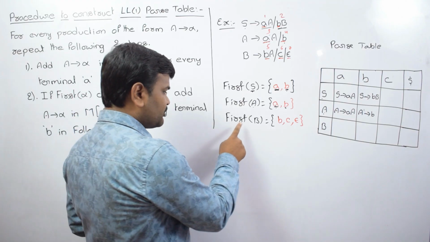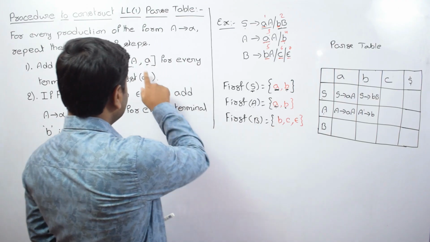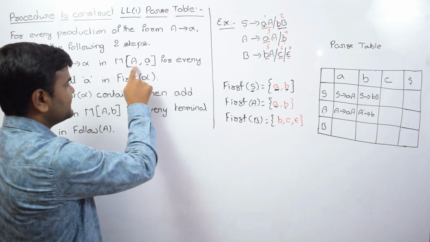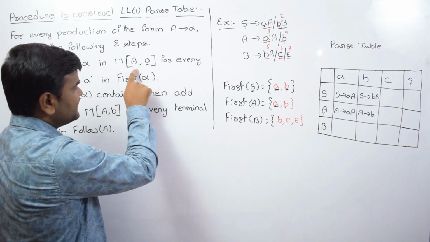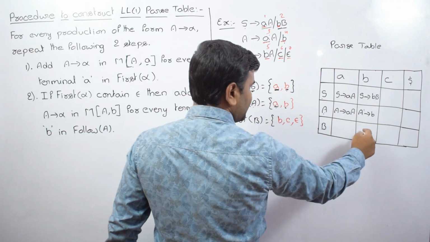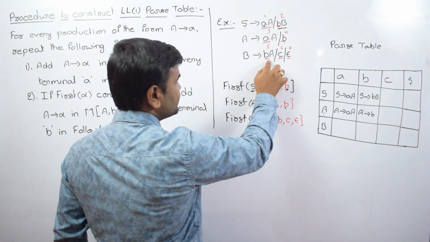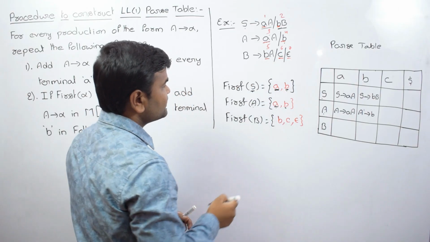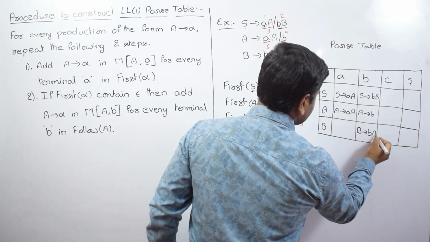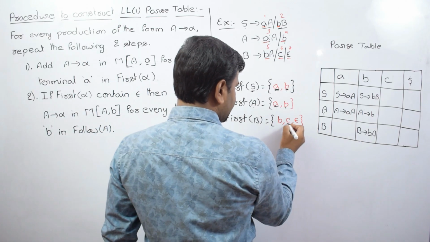Now, when you come to B: non-terminal is capital B, terminal is small b. That means B row, b column. This b came from this production, since first of this part is b, so we use the production B arrow small b capital A. Now, what about this part?